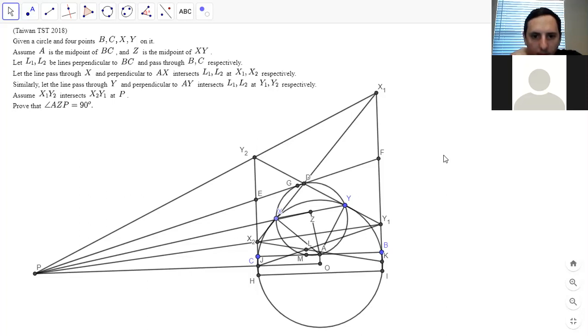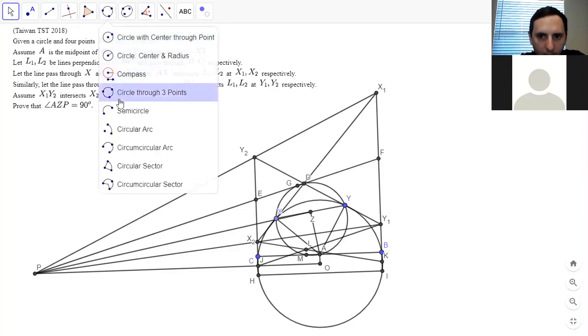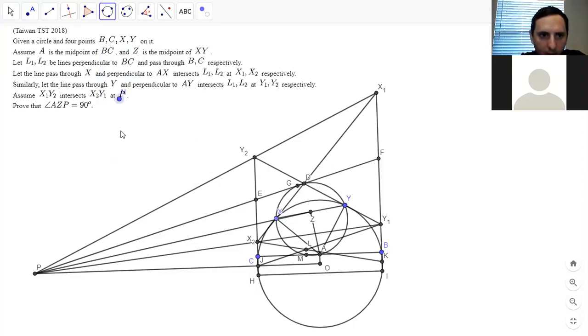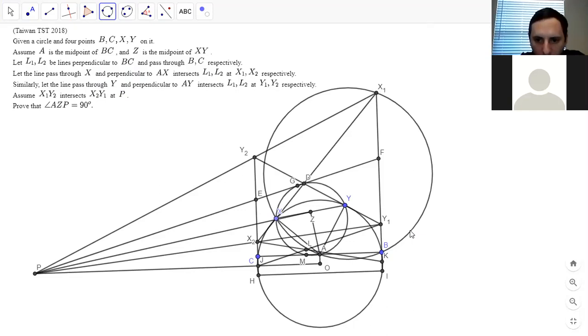Yeah, this is tricky. We also have, I didn't draw these, but X1, X, A, B is cyclic. So it might be worth drawing that. Let's see, X1, X, A, B, and Y2, Y, A, C.